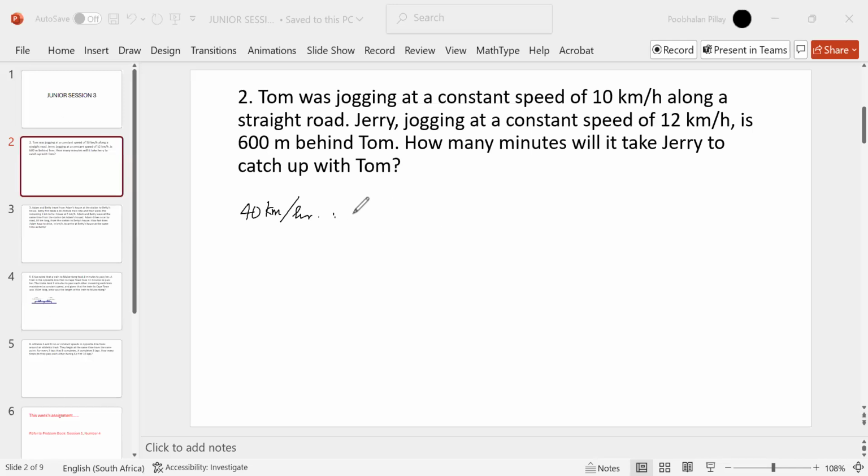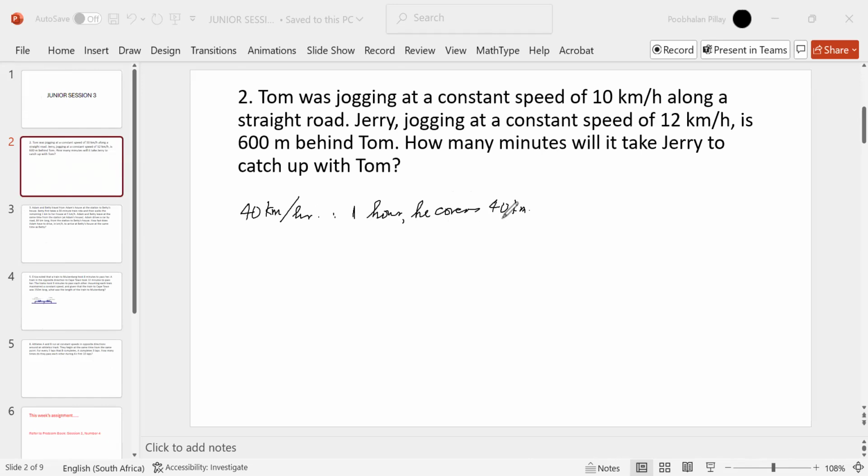This actually means in 1 hour, he covers 40 kilometers. And so this is what it means. In 1 hour it covers 40 kilometers.